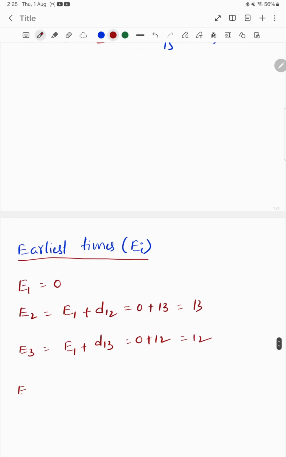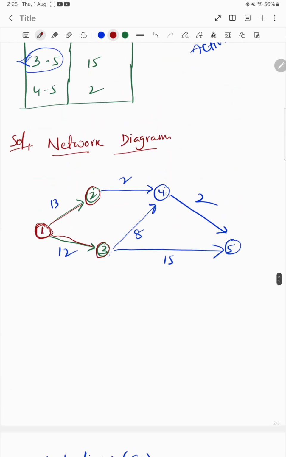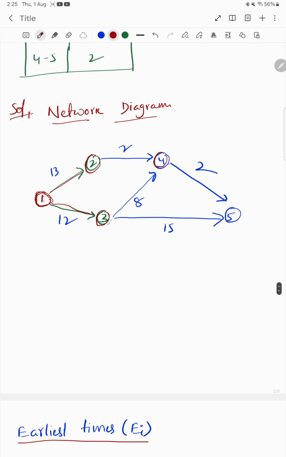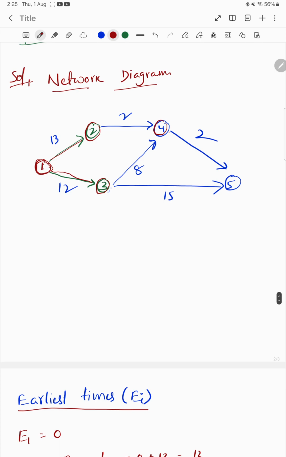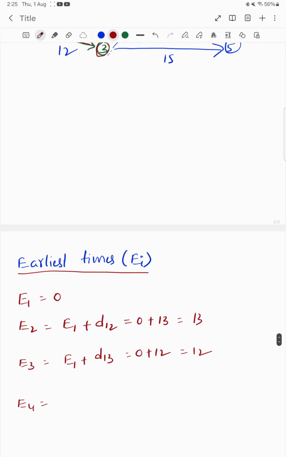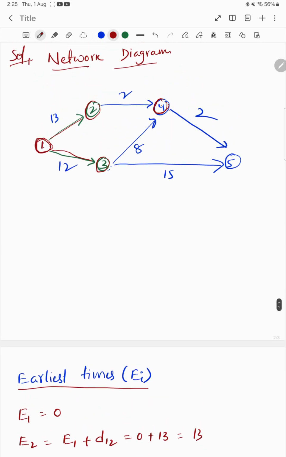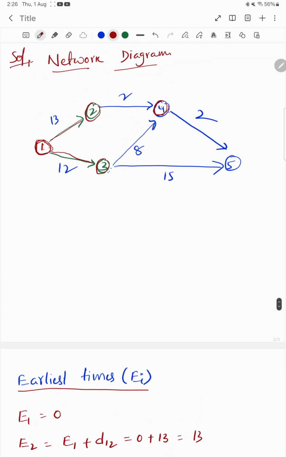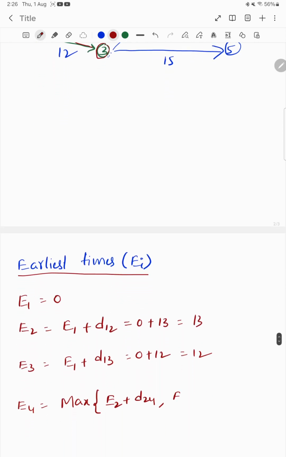Now coming to E4. To reach 4 we have two directions, one from 2 and another from 3. Whenever we have two directions like this, we have to take the maximum. So we take the maximum of E2 plus the duration from 2 to 4, and E3 plus the duration from 3 to 4.